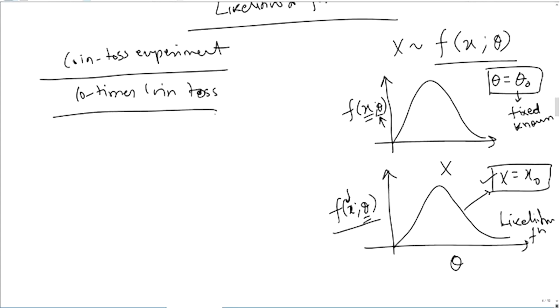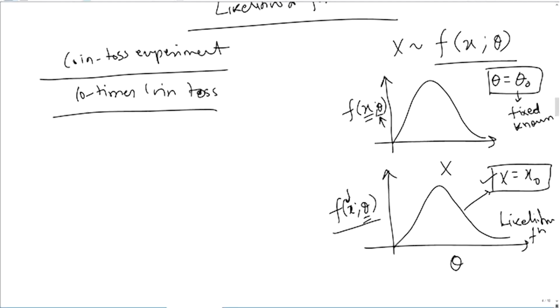What will happen if you toss a coin 10 times? You might get, let's say, 7 heads or 5 heads or 6 heads or 4 heads, right? And let's say that's the variable we are interested in: how many heads you will get if you toss a coin 10 times. So this is the experiment you are planning.